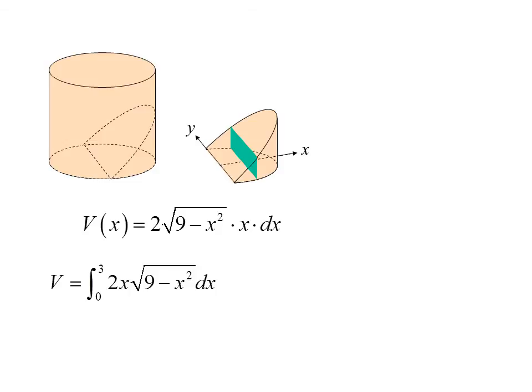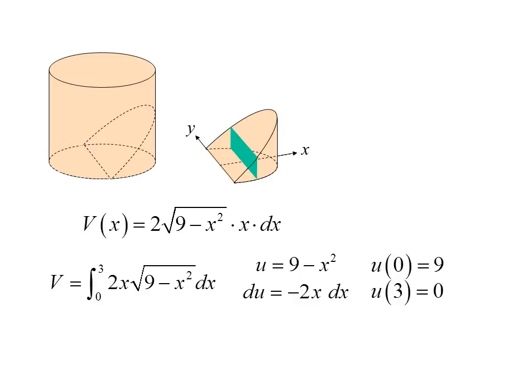We notice an expression and its derivative in the integral, so we'll treat this as a substitution problem. We let u equal 9 minus x squared, so du equals negative 2x dx. Finding new limits of integration, we have u of 0 equals 9 and u of 3 equals 0.